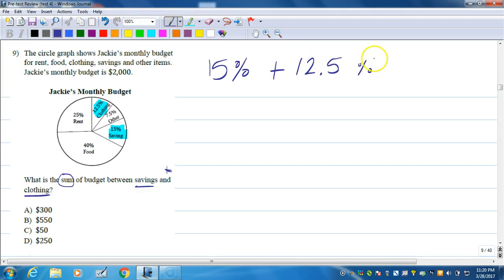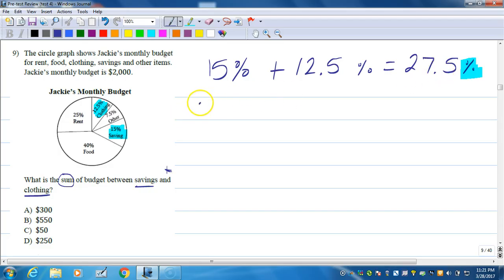I'm going to add them together. 15 plus 12.5 gives us 27.5%. Now, whenever you see percent, divide by 100, bring it back to a decimal, because percent is just another way to write down decimals, right?